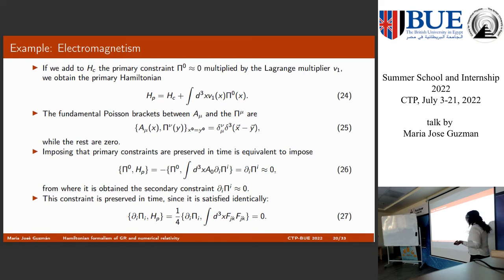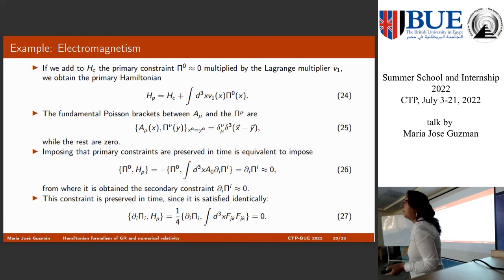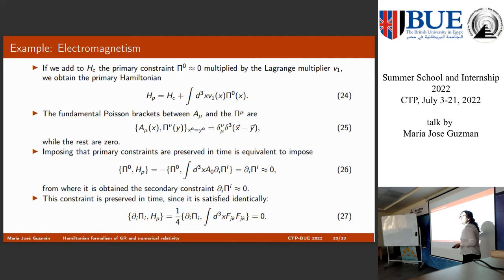And indeed, if you work with electromagnetism in the Lagrangian formulation, you will find this as the equations of motion of electromagnetism. Why is the derivative of the momenta not exactly zero? What I mean is that in the Hamiltonian formulation, I obtain this as a requirement that I have to impose on my momenta.